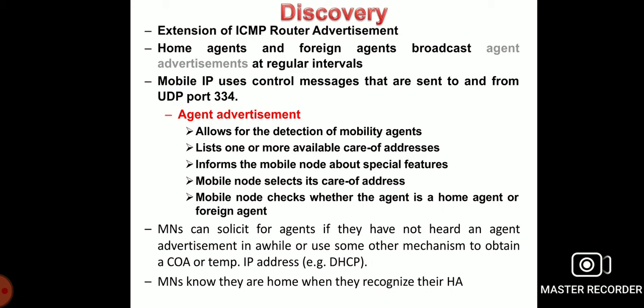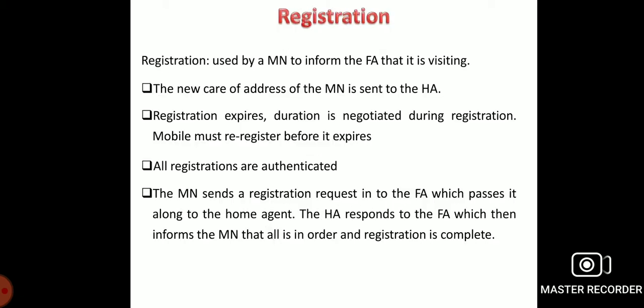And then the registration. It is used by a mobile node to inform the foreign agent that is visiting, and the new care-of address of the mobile node is sent to the home agent. The registration expires, and the duration is negotiated during the registration.